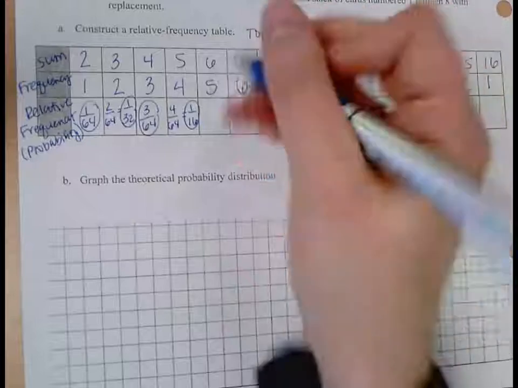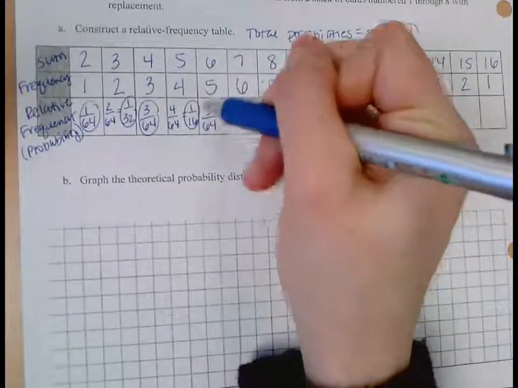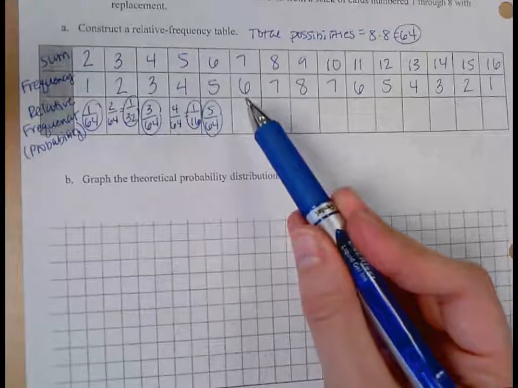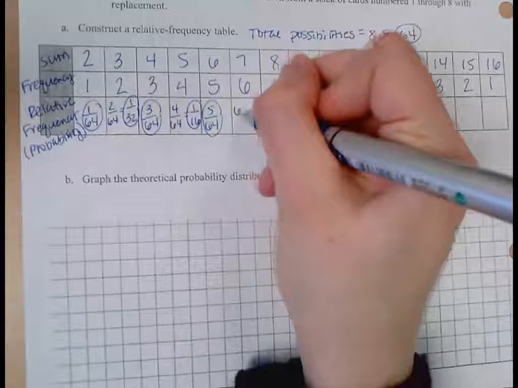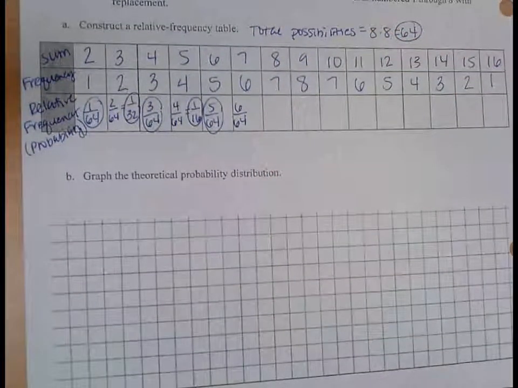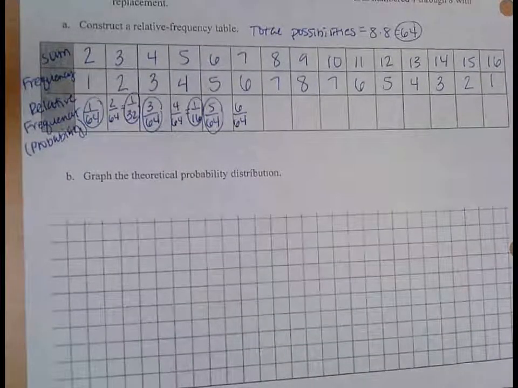For a sum of 6, it's 5 out of 64, and that's already simplified. We can't divide 64 by 5. Sum of 7 is 6 out of 64, which we can't divide 64 by 6, but we can divide both 6 and 64 by 2.